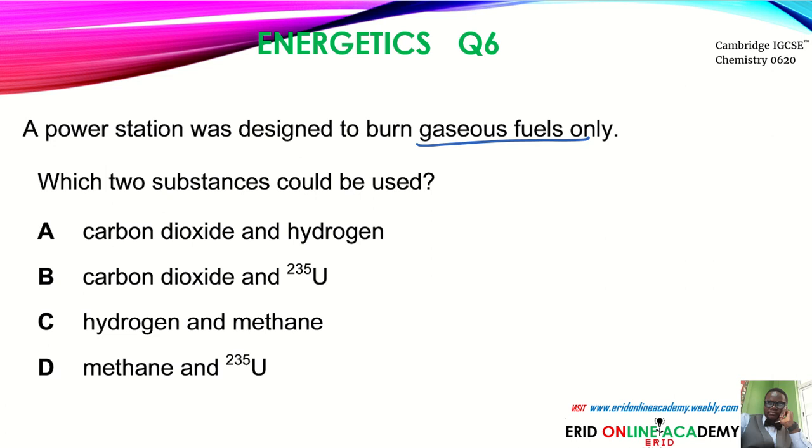Okay, so carbon dioxide and hydrogen. Both are gaseous. Only hydrogen can be used as fuel; carbon dioxide cannot be used as fuel. So let's look at B quickly. Carbon dioxide cannot be used as fuel, I've said that.